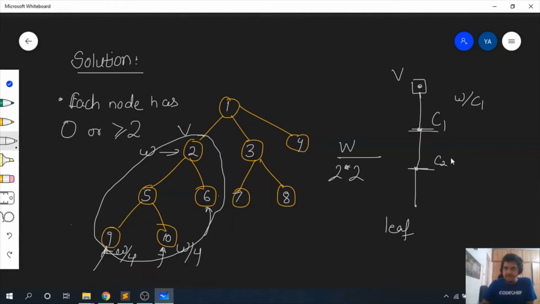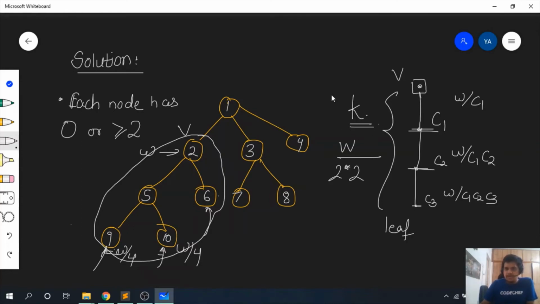On the next level, each leaf will have W upon C1, C2 tasks. And for the next, say it is C3, so W upon C1, C2, C3, and so on. So let us assume that the subtree height is K.